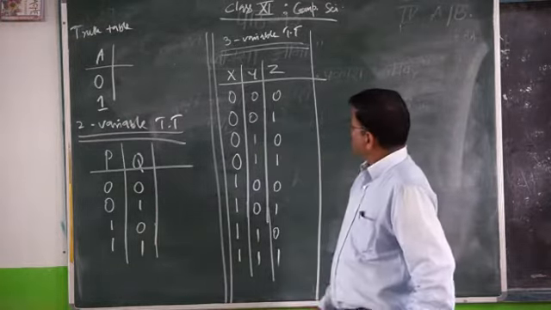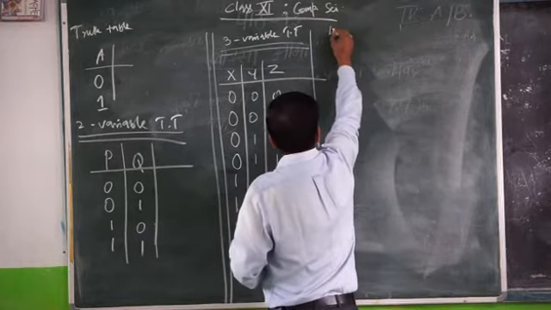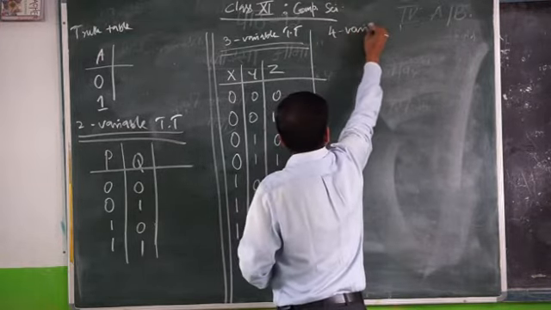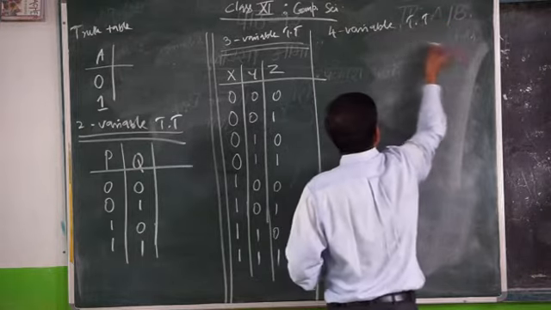Now, what variables should I use? Imagine a 4 variable truth table.